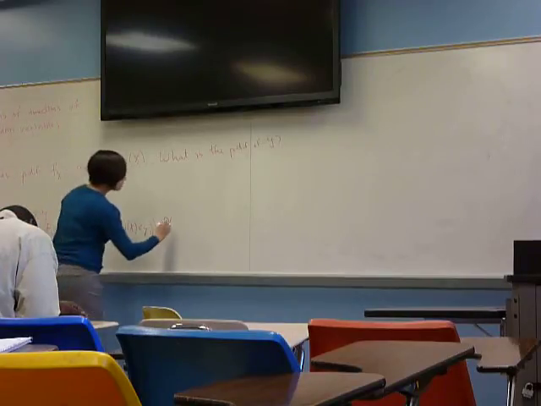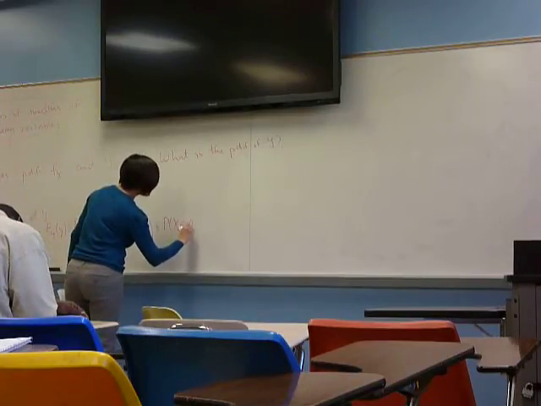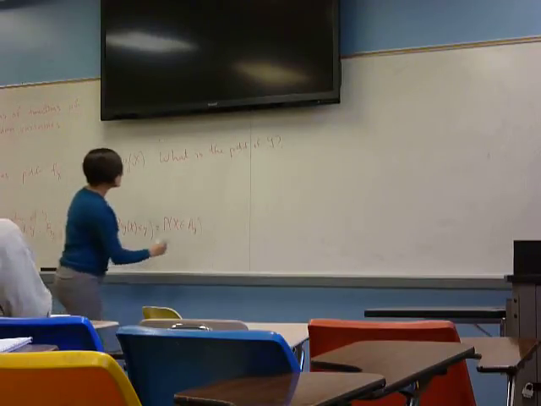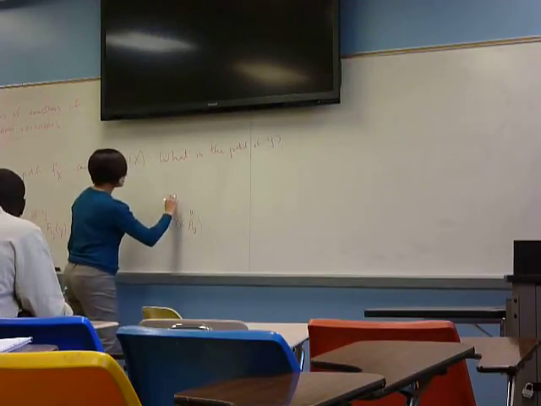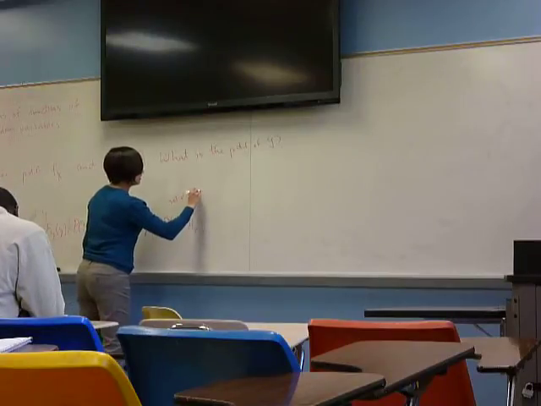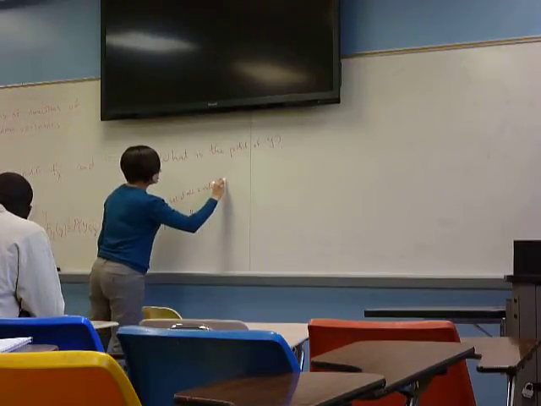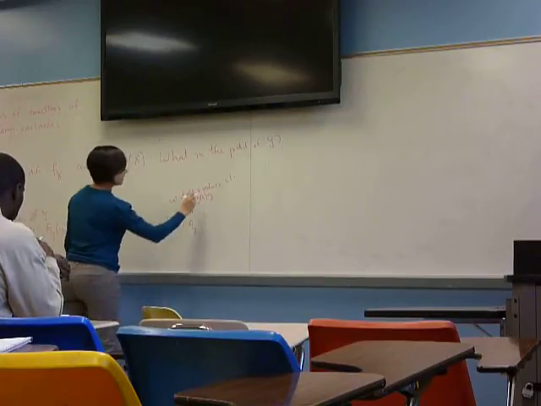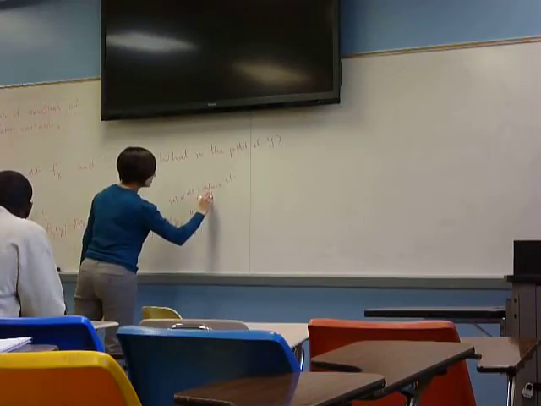So this is equal to the probability that X lies in some set, which I will denote by A_y, where A_y is the set of all X values such that g of X is less than or equal to y.